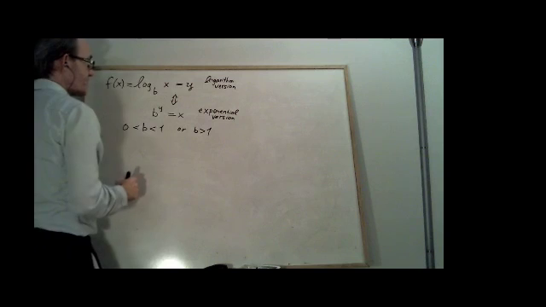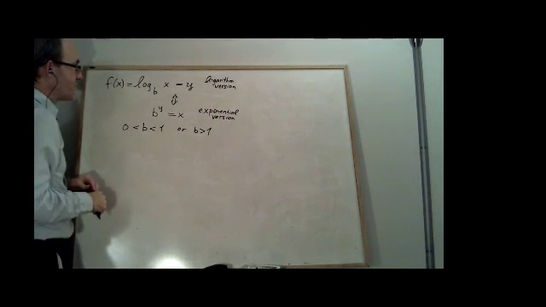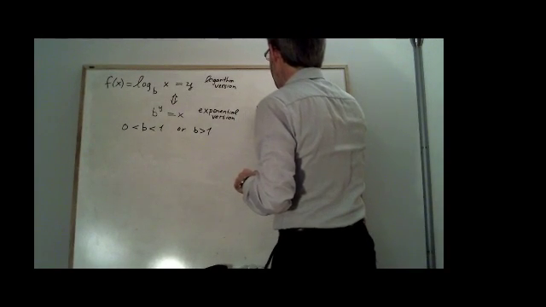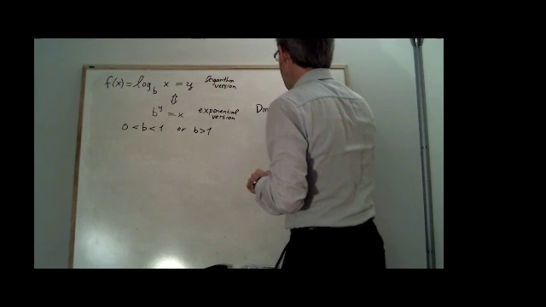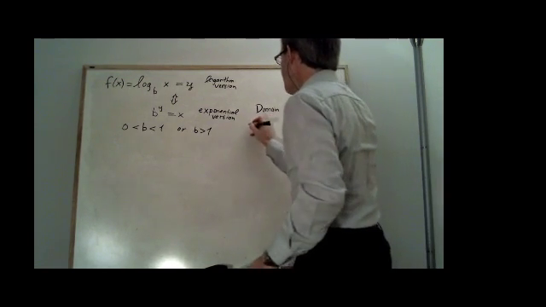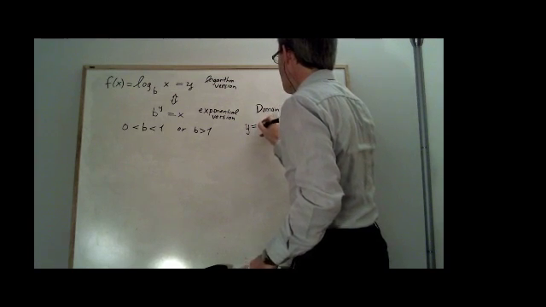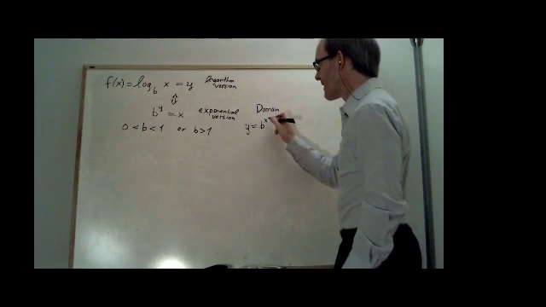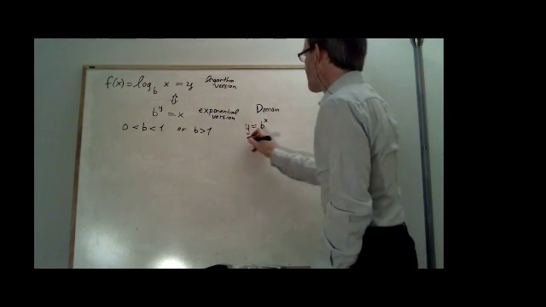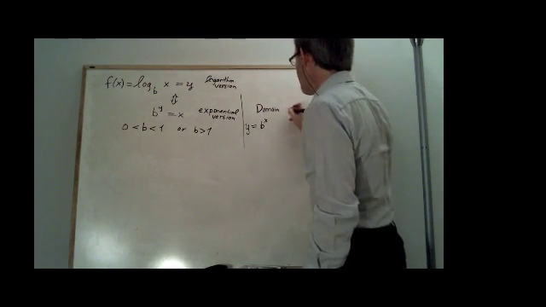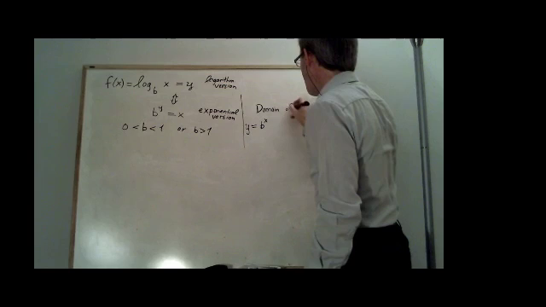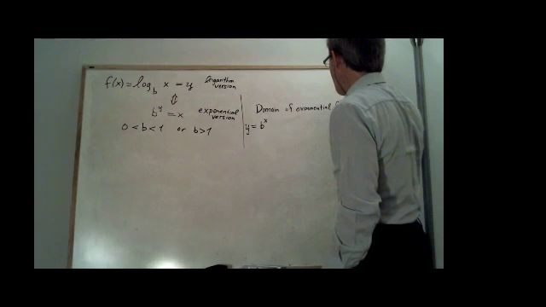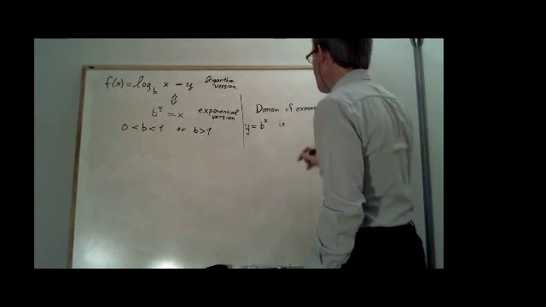And also x, let's just consider the domain and range. For the exponential function, so if we have y is equal to b to the x, putting it in that usual form where x is the input, y is the output, the domain of the exponential function is all real numbers, right?